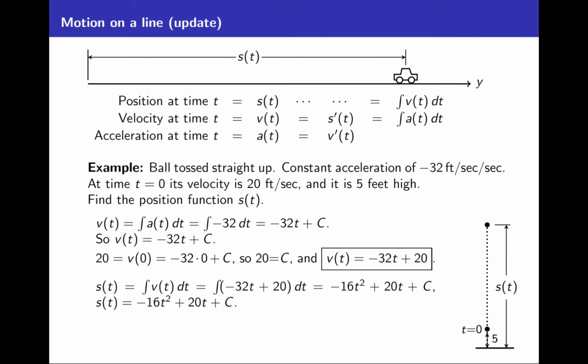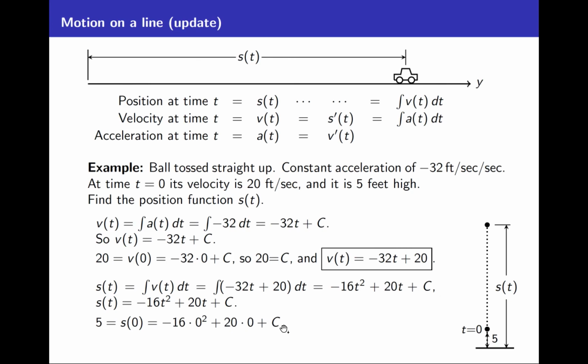Well, what could we do here? There's one piece of information that we haven't used. At time t equals 0, the position is 5 feet. So that tells us that if we plug in 0 to s, we're going to get 5. But also, on the other hand, if you plug in 0 for t in this formula, you get minus 16 times 0 squared plus 20 times 0 plus c.